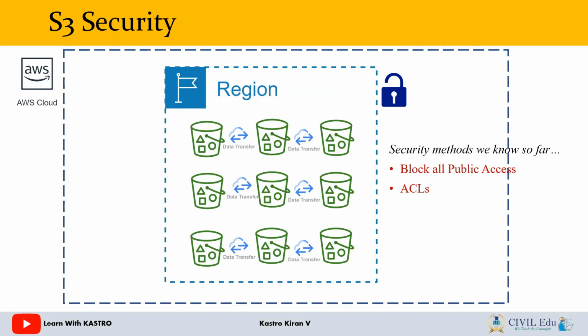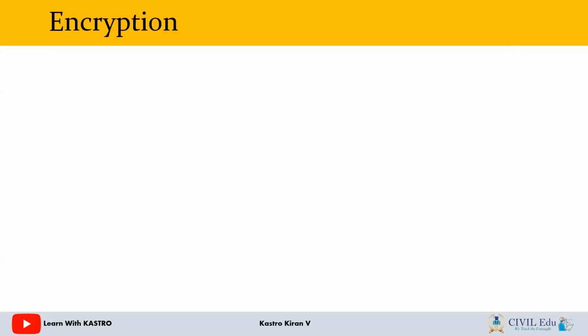But apart from these two methods, we also have multiple methods of providing additional layer of security to the objects and also to the buckets that are available in the S3 service. Before talking about the different methods that are available to provide additional layer of security to the objects or to the buckets, let us understand a simple concept which is known as encryption.